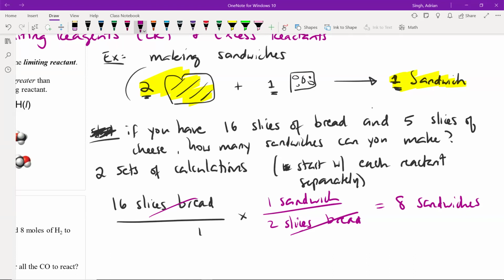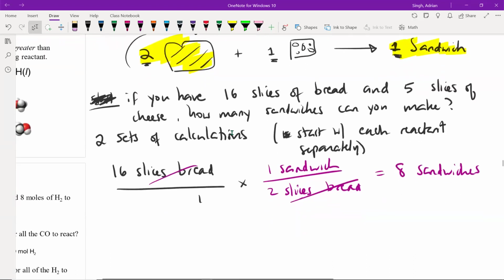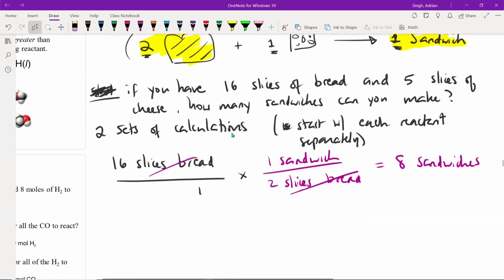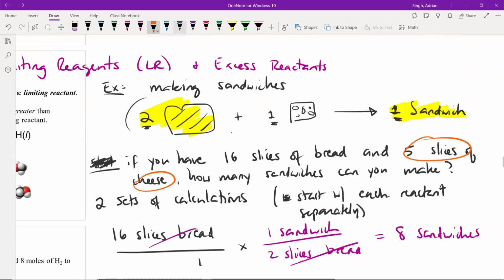But in order to make a sandwich, I need something else, right? You can't just make the sandwich out of bread. You also need the cheese. So if I do my second set of calculations now, and now I start with the cheese, so the 5 slices of cheese. So I have 5 slices of cheese, put that over 1. And then I want the relationship between the cheese and the sandwich.